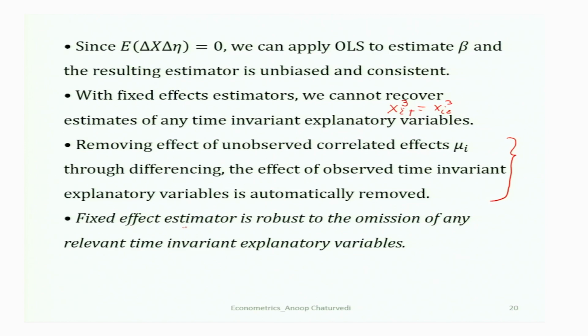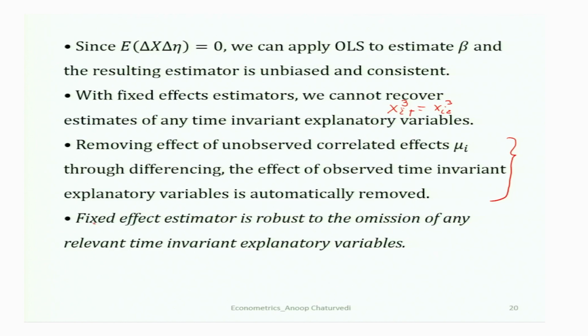Then the fixed effect estimator is robust to the omission of any relevant time invariant explanatory variables. So, obviously, suppose there is some time invariant explanatory variable which should have been included in the model, but you have by mistake omitted that variable.